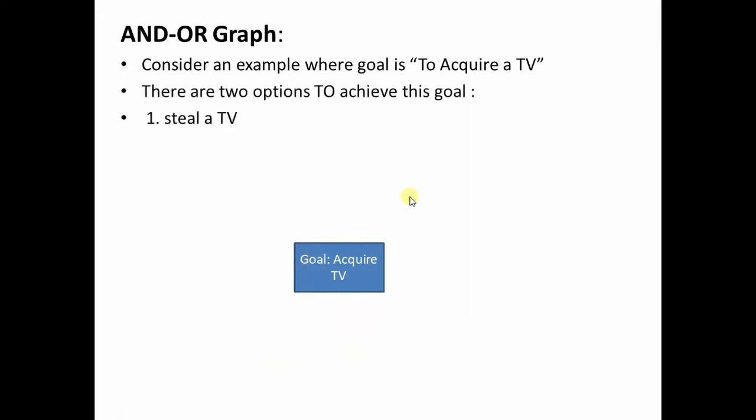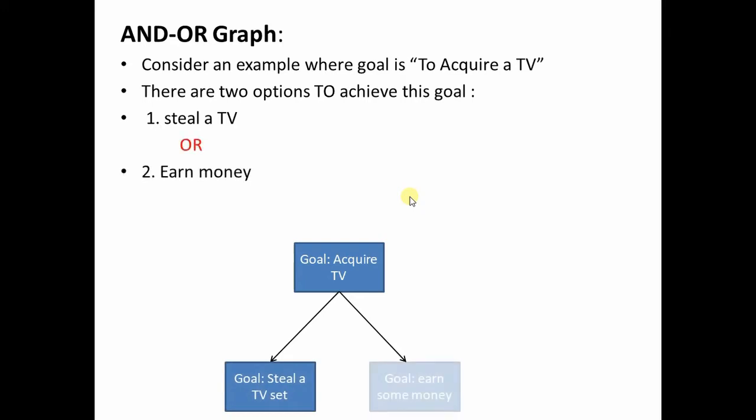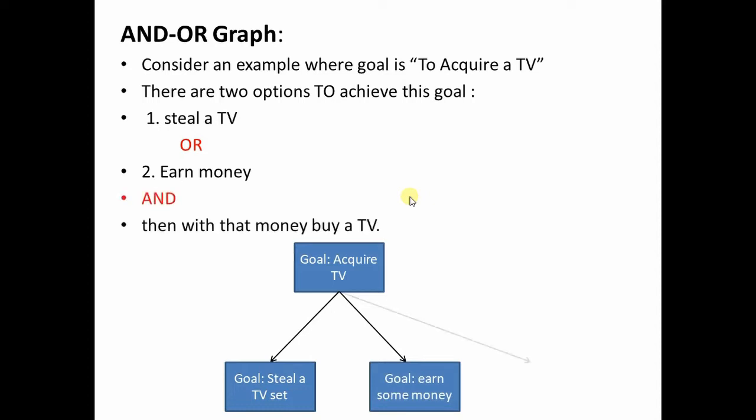There are two options. One, you can steal a TV, or you can earn some money and then buy the TV.